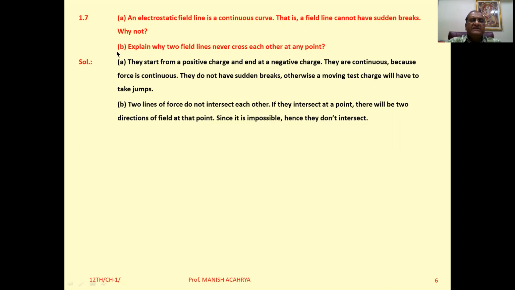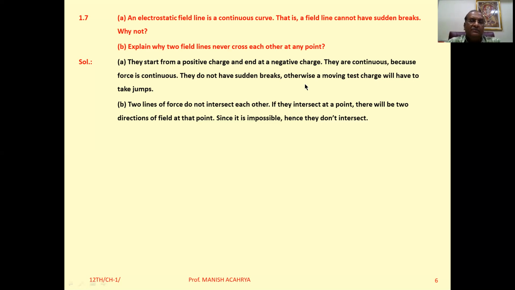Then B, explain why two field lines never cross each other at any point. Now see, a tangent drawn at any point on the electric field line gives you the direction of the electric field at that particular point. Now, if two field lines intersect each other, then at the point of intersection, two tangents can be drawn.